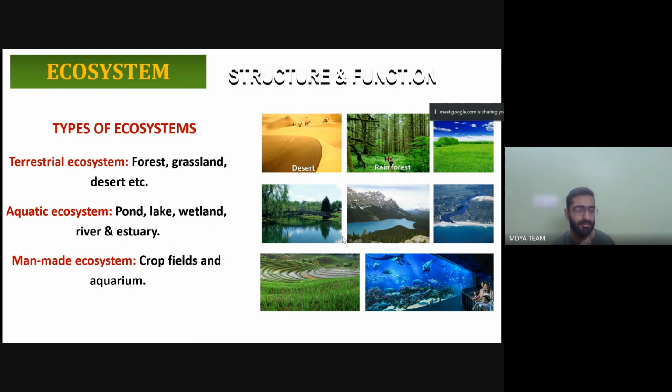The man-made ecosystem is not formed naturally by itself, but by human beings' interaction with the physical environment. They have created such an ecosystem to gain some kind of purpose, like there has been an objective behind it.